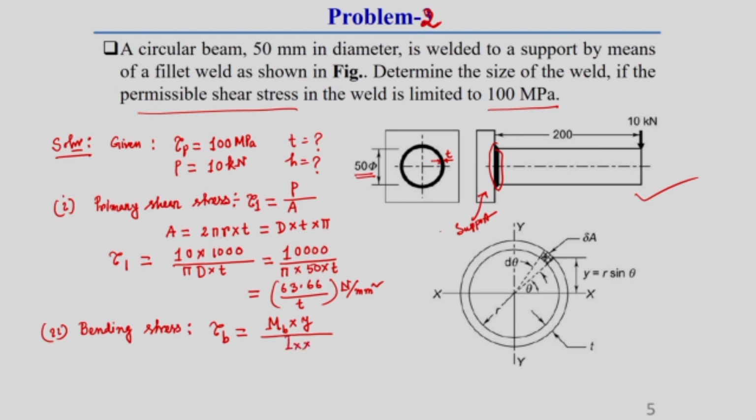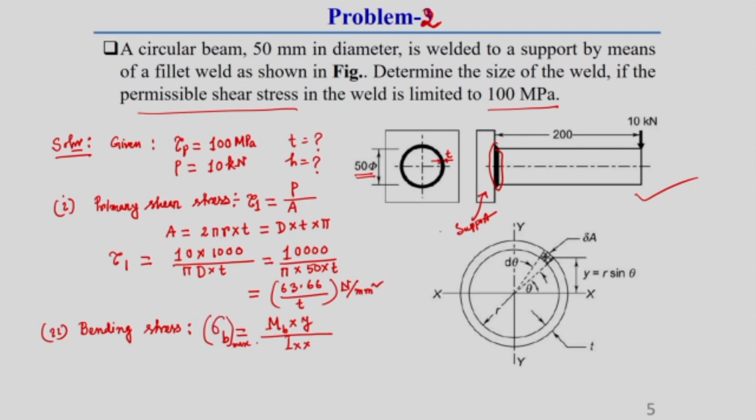This you should keep in mind. Here y should be the farthest distance of that weld from the xx axis, because what happens here is the maximum bending stress. This we can say maximum bending stress, that I am writing.